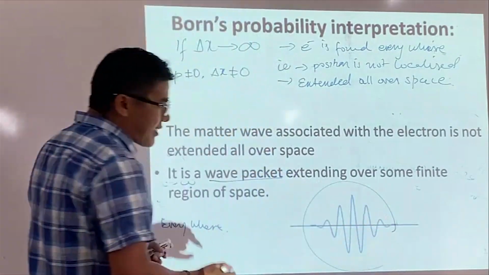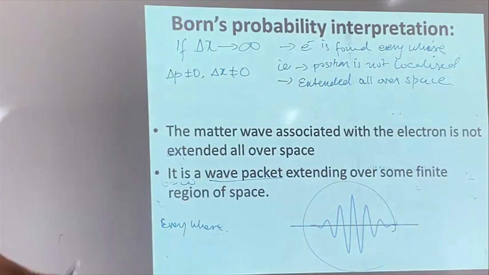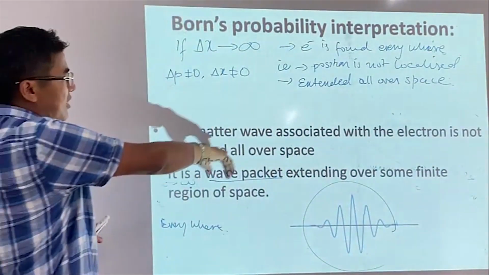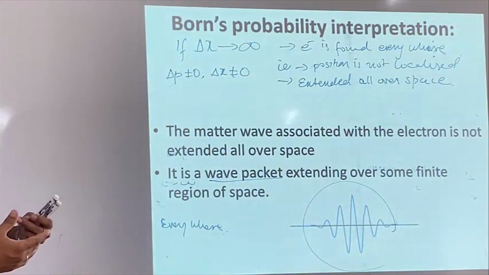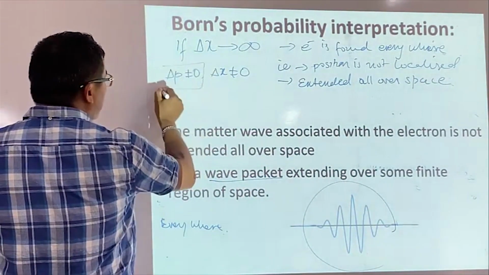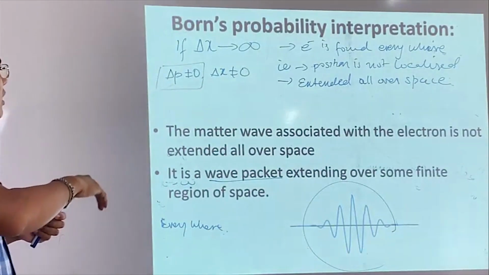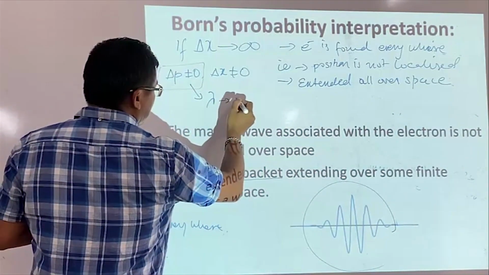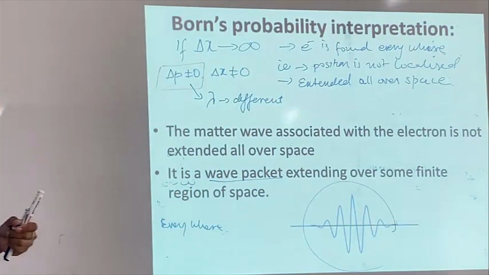Now this particular matter wave is extended over a certain region, right? So the matter wave associated with the electron is not extended all over space. And now we say that if the momentum is not definite, it has some different momenta. Therefore the wavelength could be different, so you get different wavelengths. There is no single wavelength.